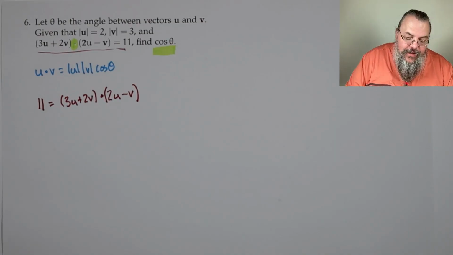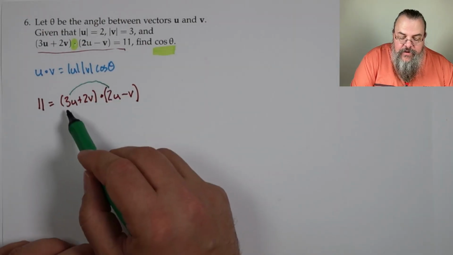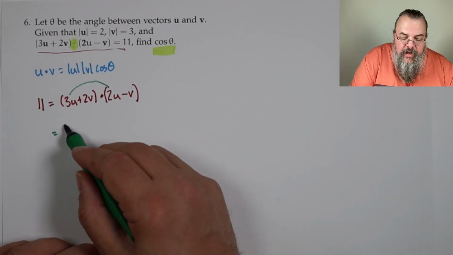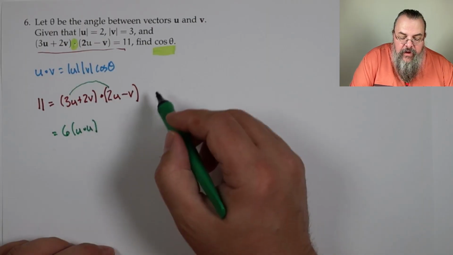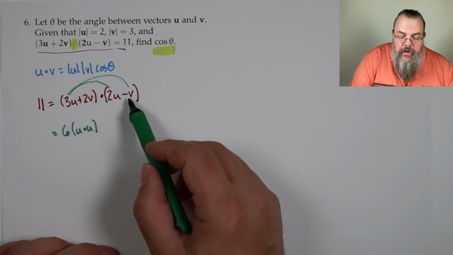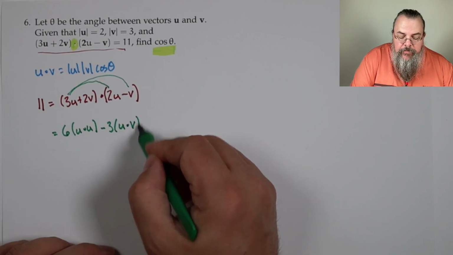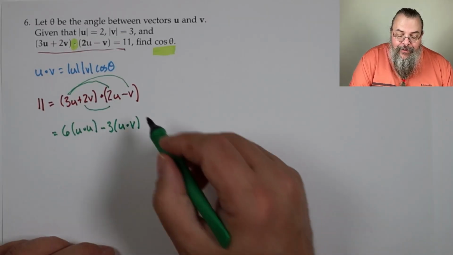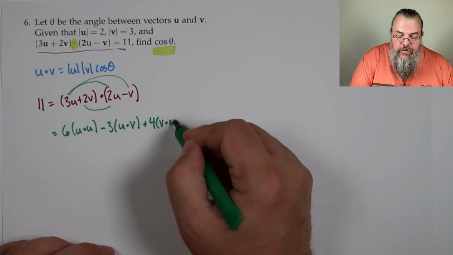Okay, so here we go. We take the first terms, the first and the first: 3 and 2 make 6, u dot u. Then we take the outer, 3 times minus 1, that makes minus 3, u dot v. Then we have our inner, 2 and 2, that makes plus 4, v dot u.